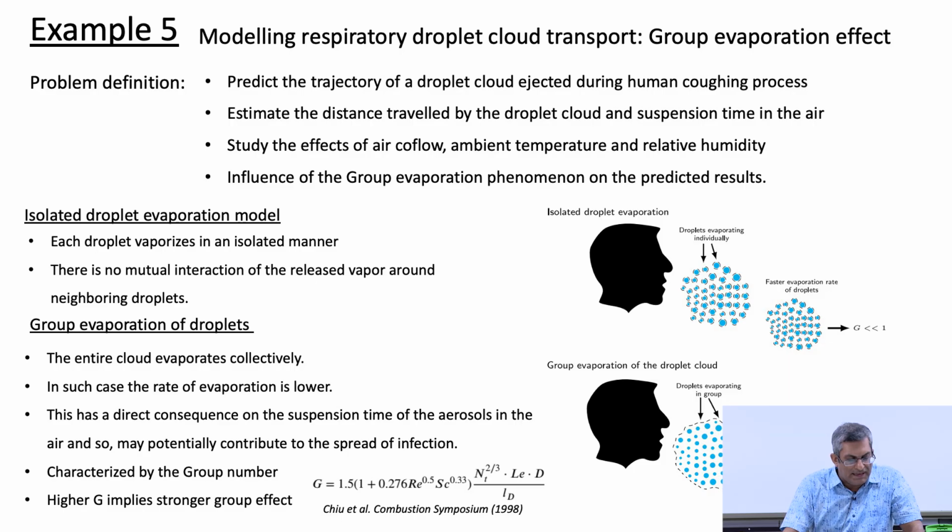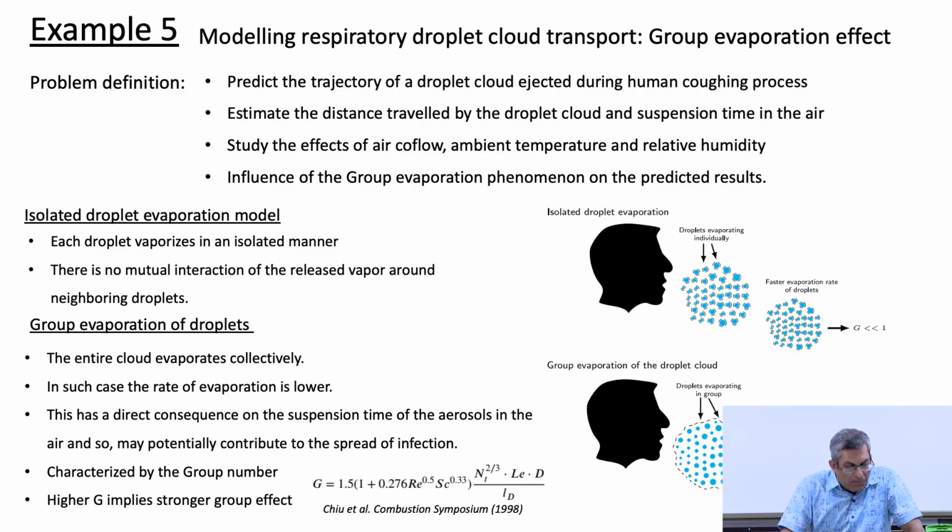So in this case, each droplet vaporizes in an isolated manner, as I have shown here. Imagine this cloud of droplets has come out, but each droplet is evaporating individually, and there is no mutual interaction of the released vapor around neighboring droplets. So there is no interaction between the vapors released by the nearby droplets.